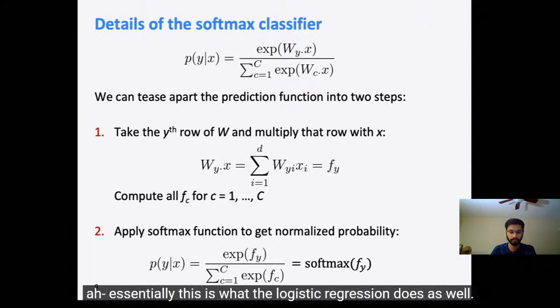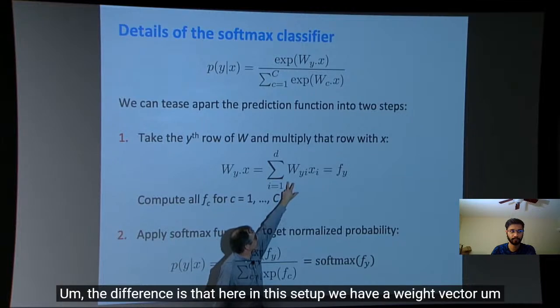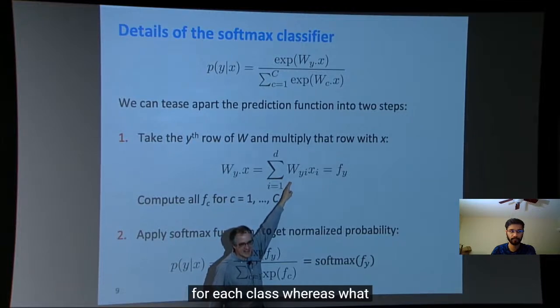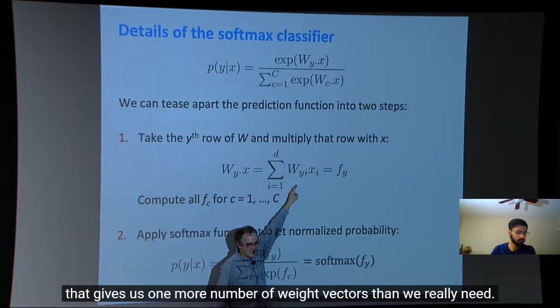Okay, I'm not going to go into this in detail, but essentially, this is what a logistic regression does as well. The difference is that in this setup, we have a weight vector for each class, whereas what the statisticians do in logistic regression is they say, wait, that gives us one more weight vector than we really need.